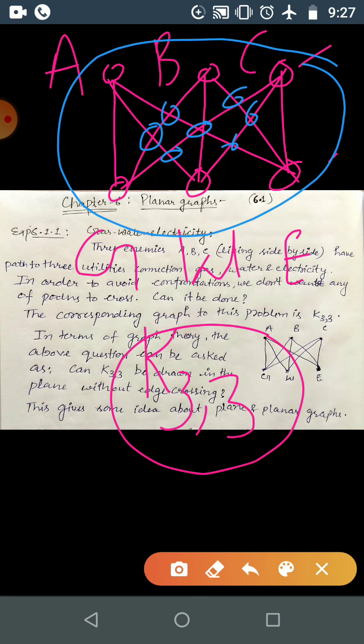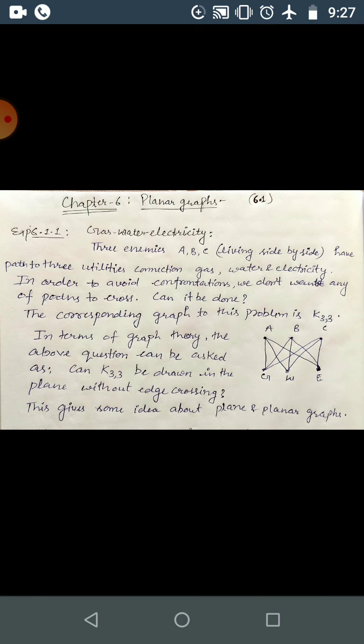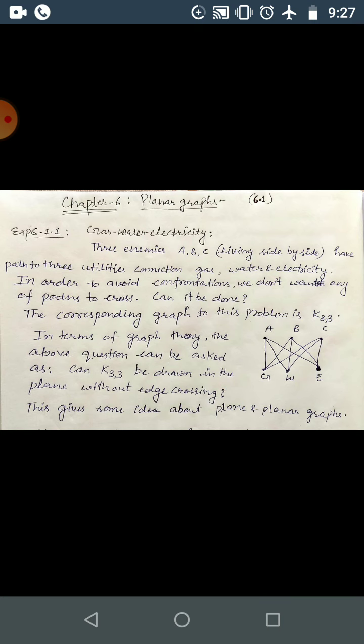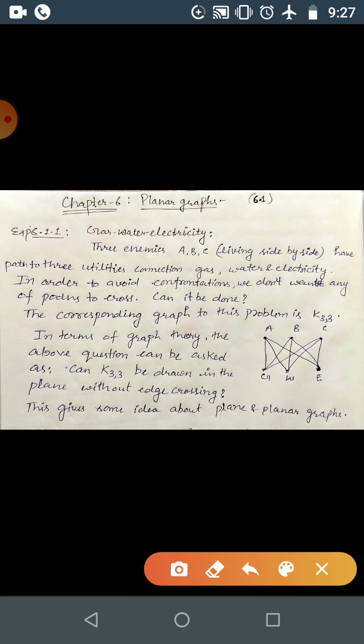The corresponding graph to this problem is K3,3, as I have already discussed. So in terms of graph theory, the question can be asked as: can K3,3 be drawn in a plane without crossing edges?